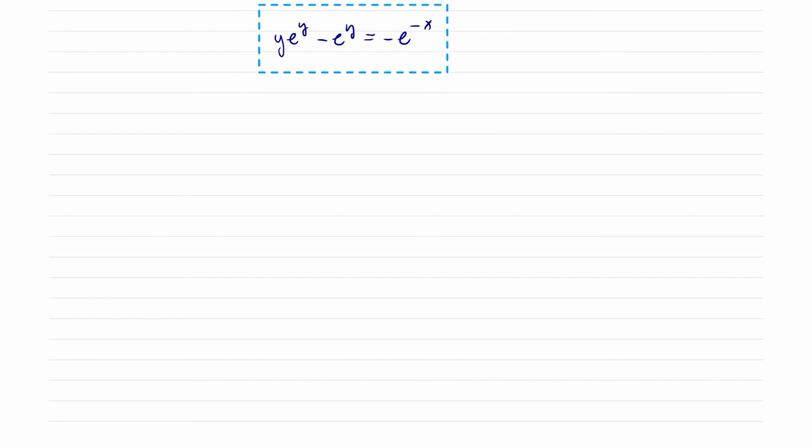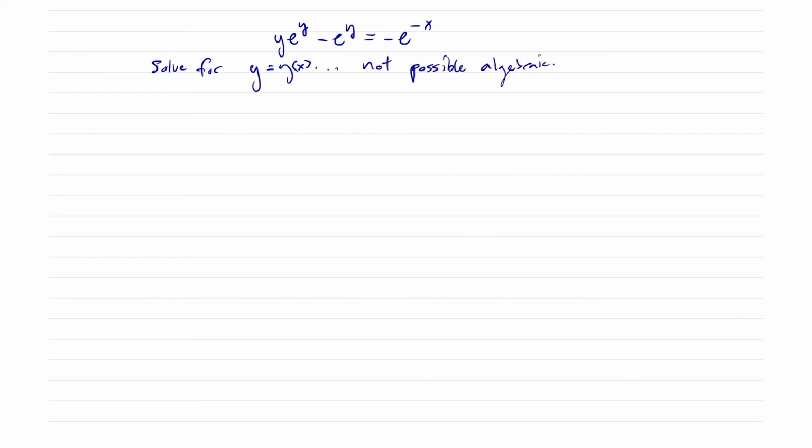So we have this, and we want to solve for y, which is actually a function of x. But it's not possible algebraically. So we have to use some sort of numerical method in order to do that.